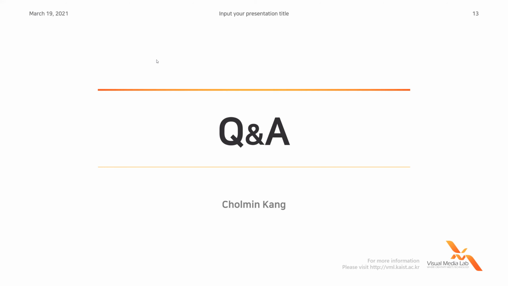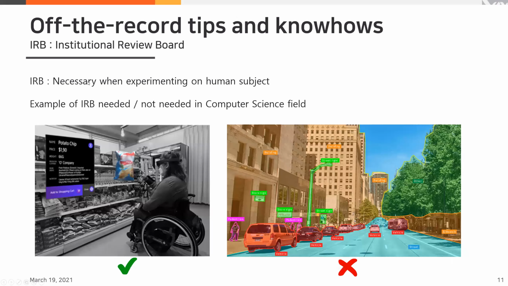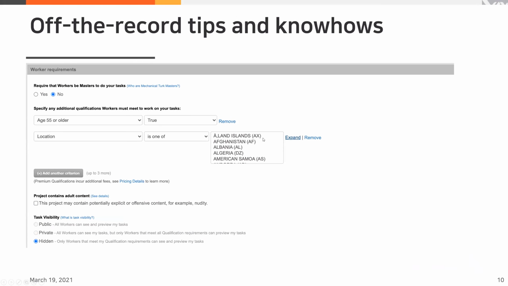Indeed, so that's why you can set the worker requirements. A lot of mTurk requesters are aware that the labor force is skewed towards developing countries, so they limit locations to the United States, UK, Australia, or other English-speaking countries.